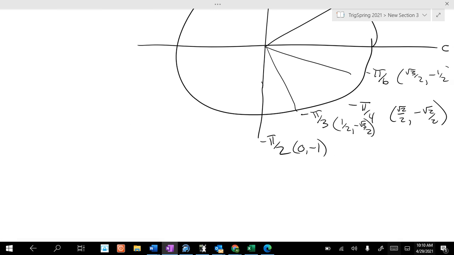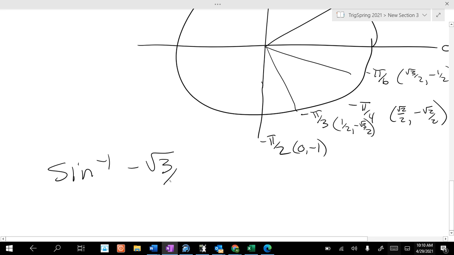Okay, Trey. The inverse sine of negative square root of 3 over 2 equals what? Pi over 3. Shh. Nobody shouted out. That's the inverse. How is it negative?